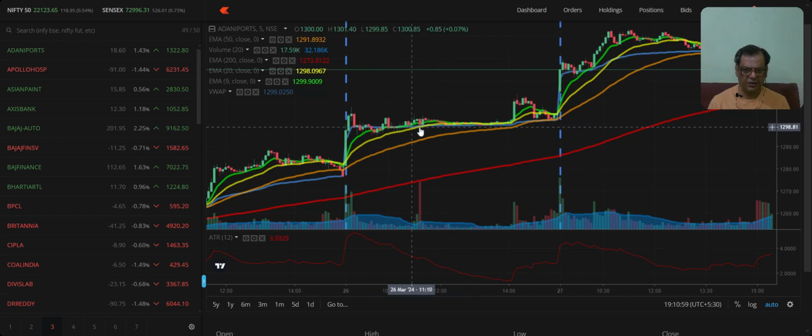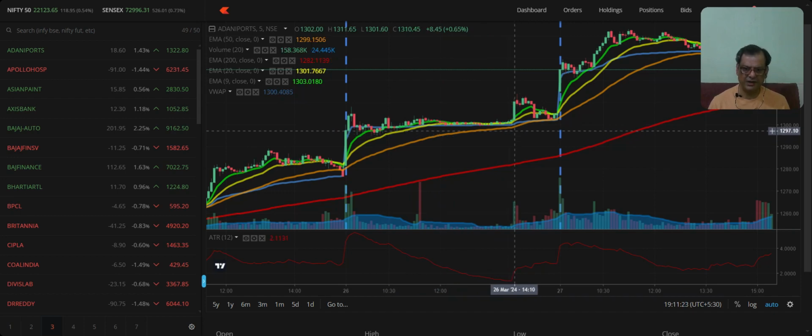So we wouldn't be taking any trade here because it's all messed up. This is a big congestion, and the moving averages and VWAP are flat. There is hardly any movement, and people who traded here, either long or short, would have got their SLs hit.